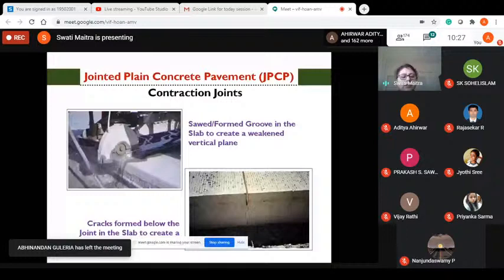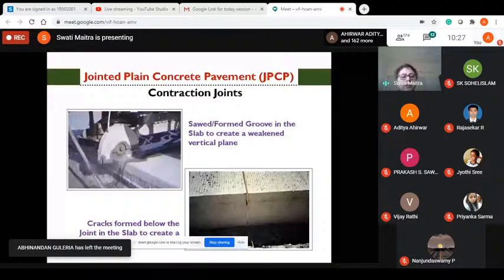Deformed tie bars are sometimes used to hold the two adjacent panels so that aggregate interlocking action takes place, because over a period of time there may be more gaps and the aggregate interlocking may gradually diminish. So tie bars are provided so that aggregate interlocking action can take place even for a longer duration.